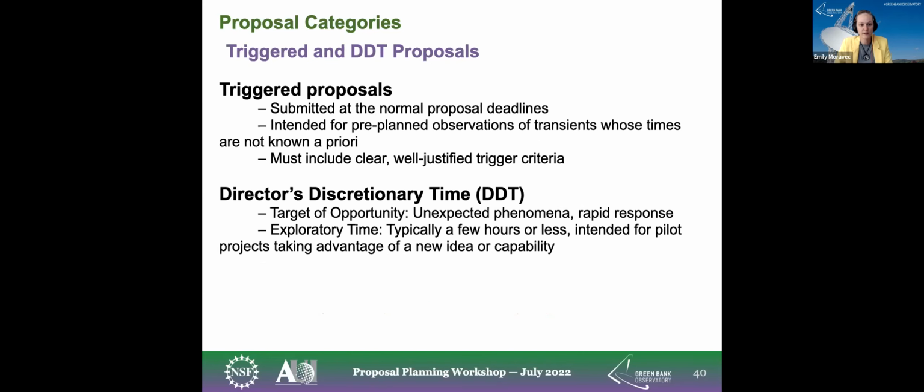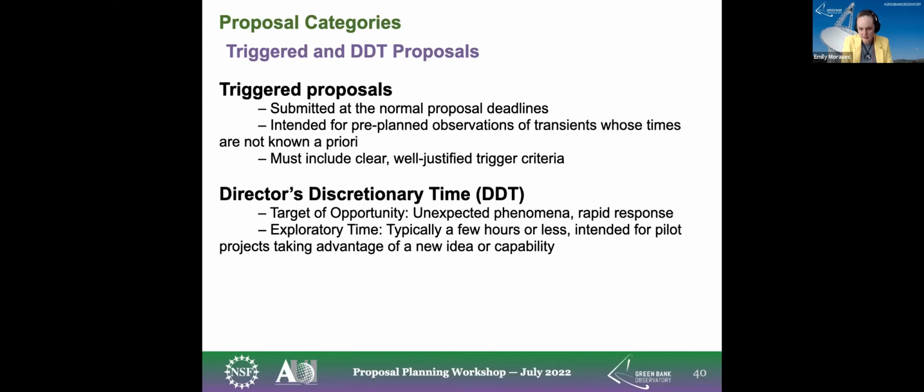We also have something called triggered and DDT proposals. Triggered are those whose times are unknown. So you submit a proposal, but you don't know when exactly you need to observe because you don't know if your object will be observable. Something like a fast radio burst, or something has to happen in order to trigger the observation.